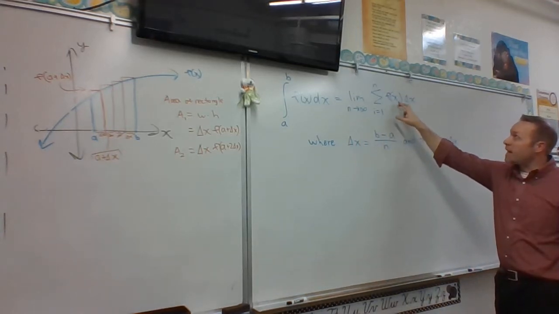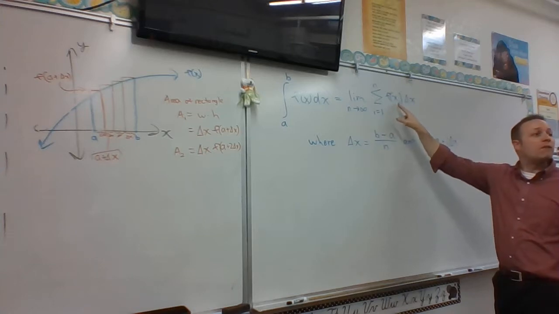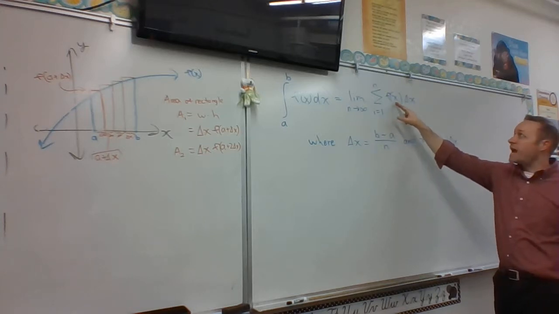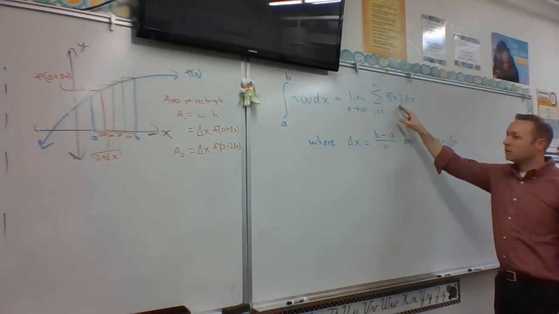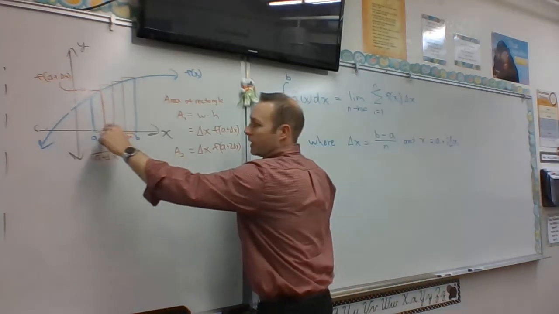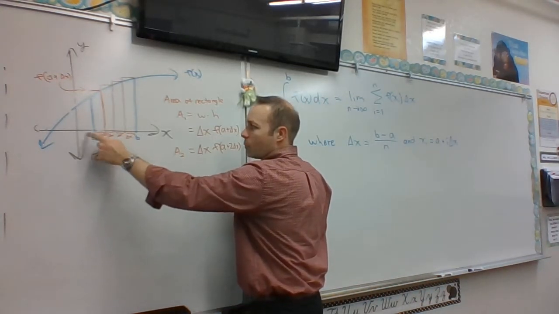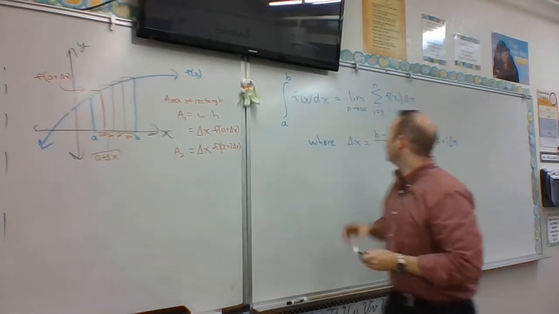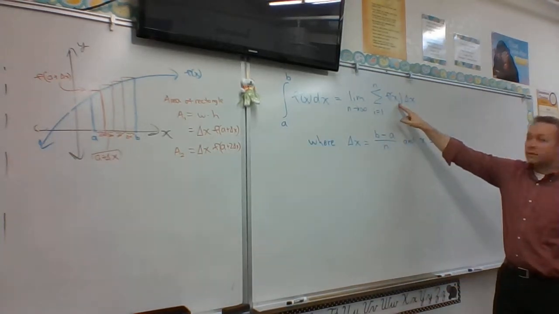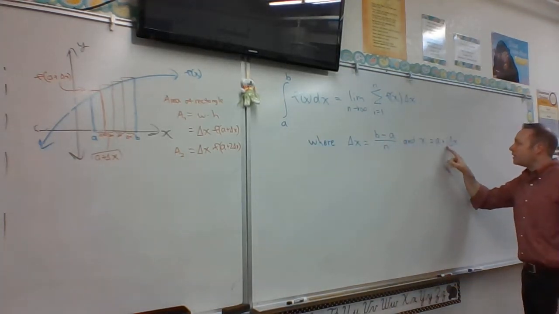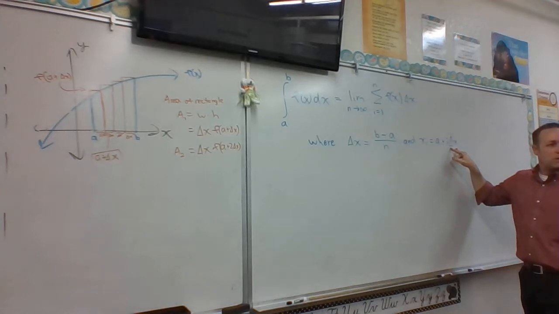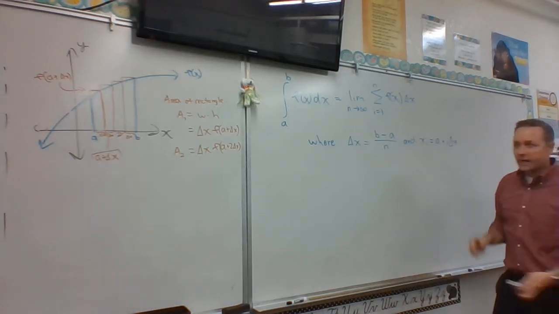What is our first x value? x sub 1 would be our first x value. How do you find x sub 1? Well, we take a and we add 1 delta x. x sub 1 is a plus 1 delta x. How do we find our second x value?